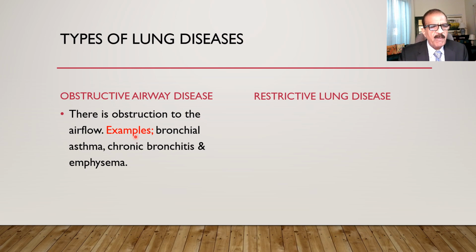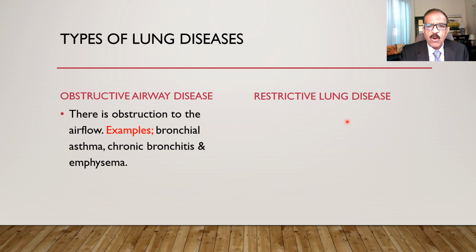So if the problem is the bronchi, prototype is bronchial asthma, or it may be chronic bronchitis or emphysema. Bronchiectasis or some other lung diseases can also cause some obstruction, but I will consider bronchial asthma, chronic bronchitis and emphysema as classical airway obstructive diseases.